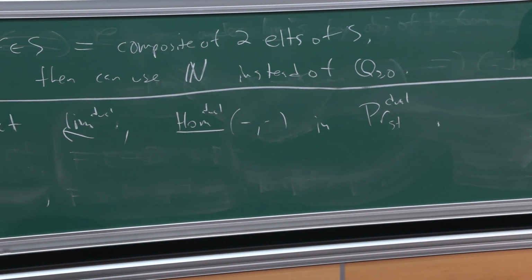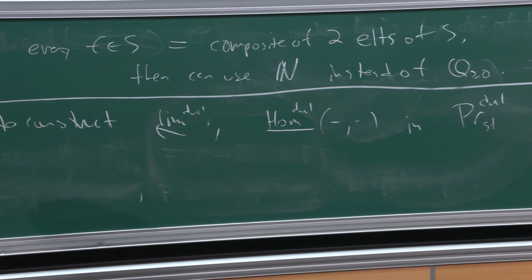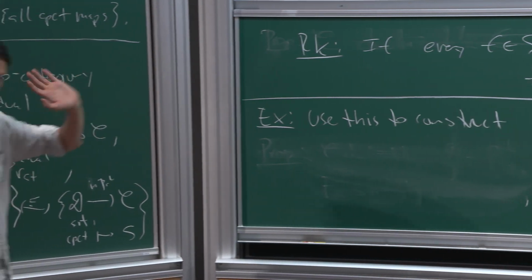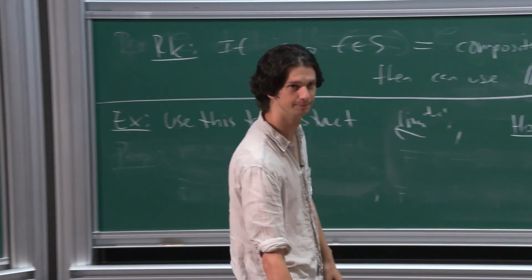So what you can do is take the usual inverse limit in PRL and then choose your S appropriately, verify the axioms, and go.